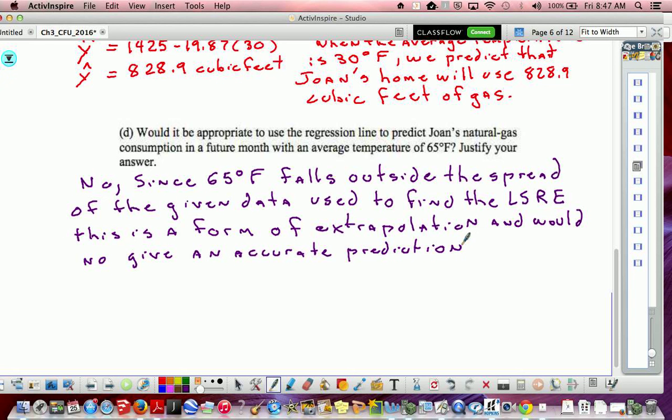Now, technically, it might be able to give it, but when you go outside your data, you're risking that it's going to be off. All right, that ends your video.